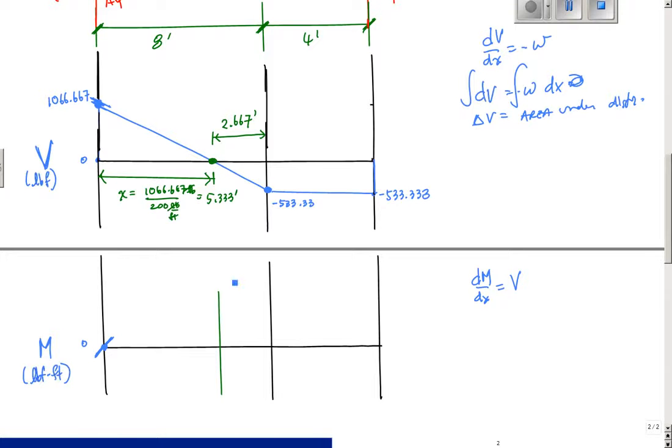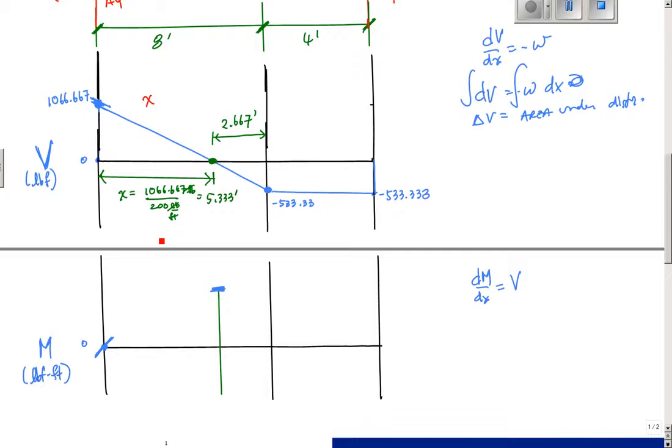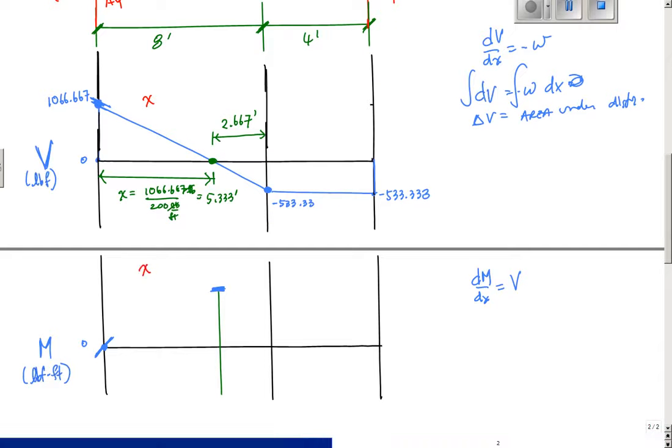So that means at this point I should have a slope of 0 on my moment diagram. The other thing we know is that if my shear diagram is linear, then my moment diagram in this region is parabolic. And I know that this moment diagram should go like this.